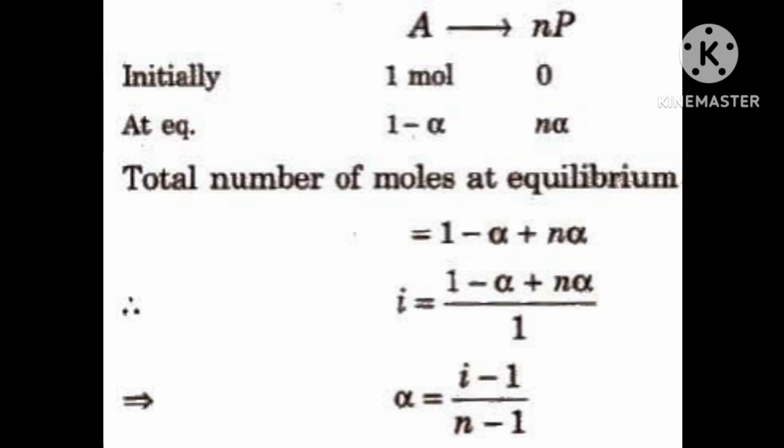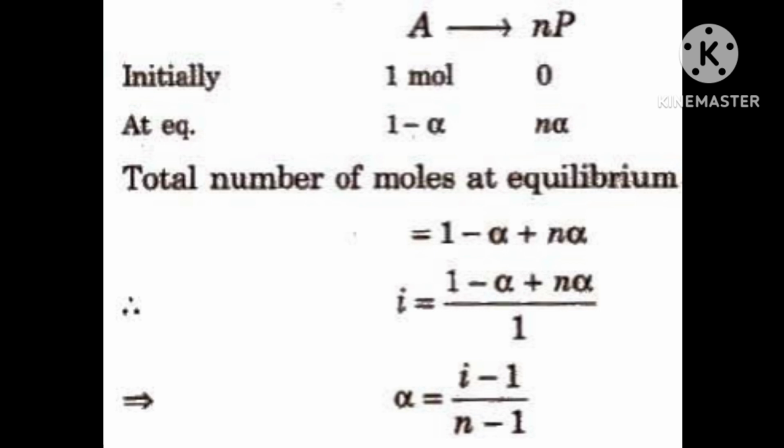That x by 2 is the number of moles of association product. Then now you can say at equilibrium position, total number of moles, how many moles will be there? Then what is left out and what is formed, add both, means 1 minus x plus x by 2.